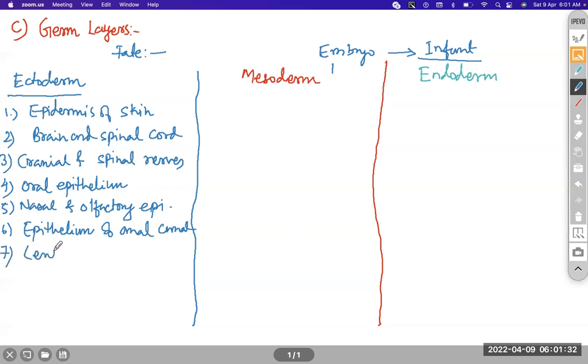Lens, retina of the eye. Epithelium of sweat, sebaceous, and mammary glands.